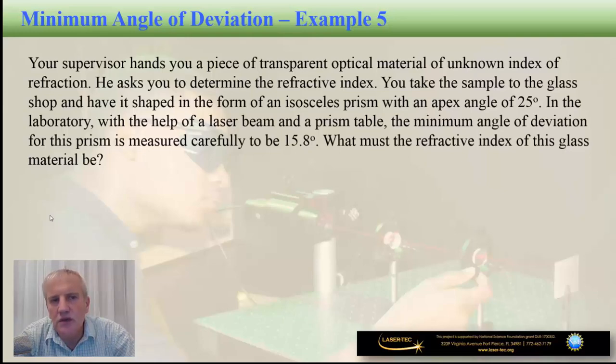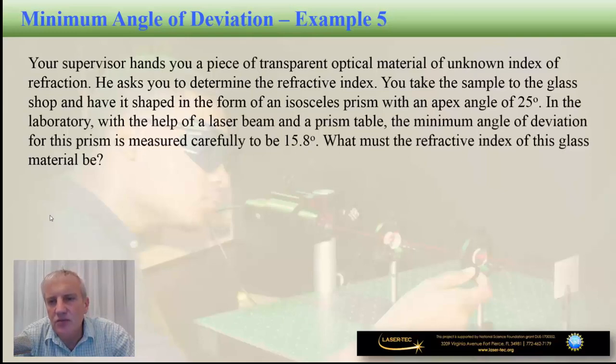You would have it shaped in the form of an isosceles prism with an apex angle of 25 degrees in this case. Once you get that prism, you're going to go back to your photonics laboratory, and you're going to use the laser beam and the prism table to figure out the minimum angle of deviation for this prism.